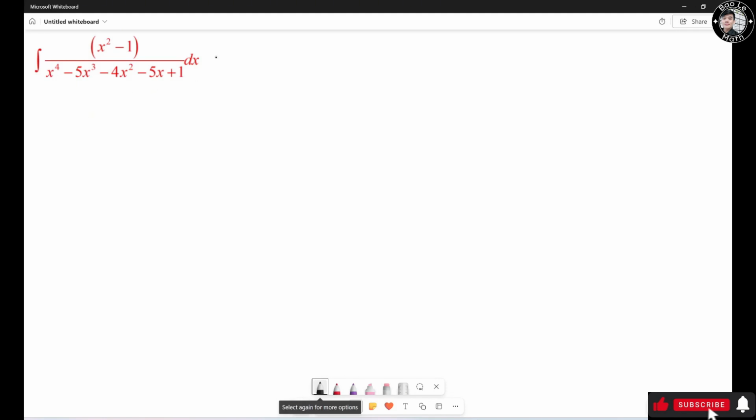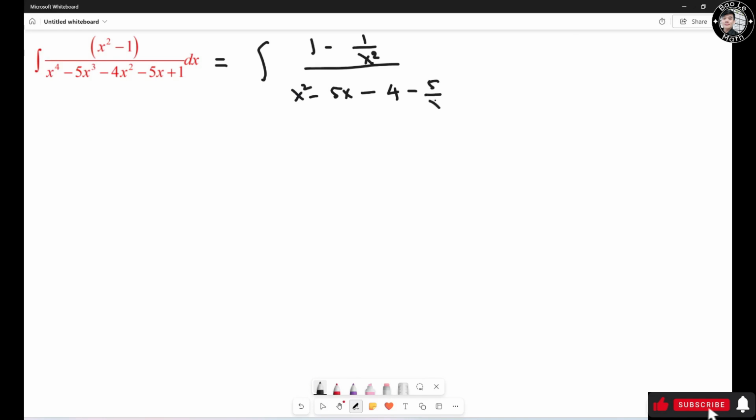So this turns out to be 1 minus 1 over s squared over s squared minus 5s minus 4 minus 5 over s plus 1 over s squared.